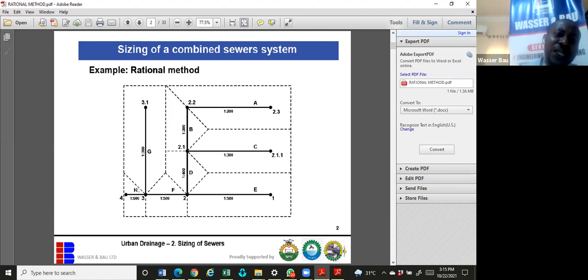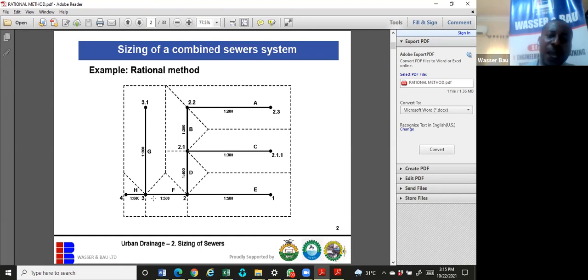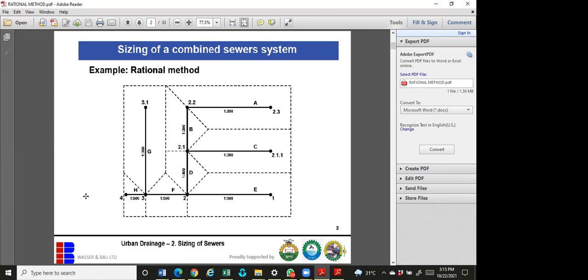We said that if this is a sewer we are designing, it means that this point 4 will be the wastewater treatment plant. Then the river will be somewhere close to it, so that after treating, the effluent will go to the water receiving body. After the removal of the BOD, the COD, the phosphate, the nitrogens, and maybe some phosphorus, the water will go to the natural water body.